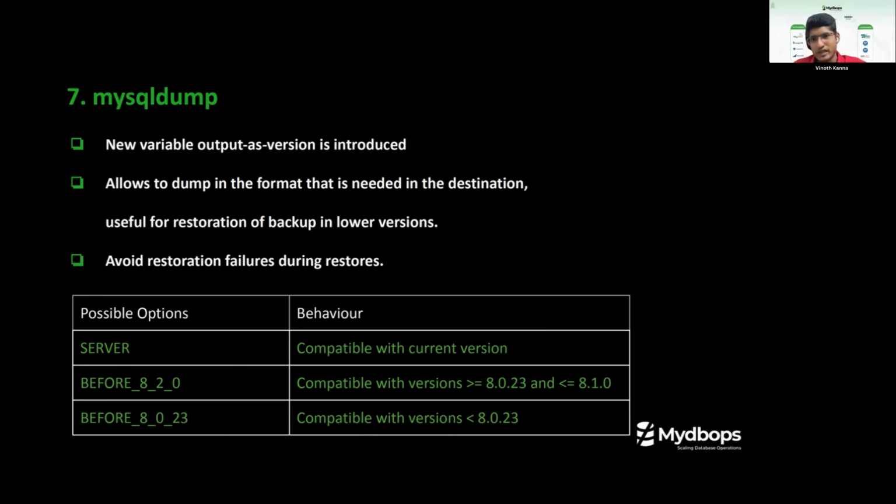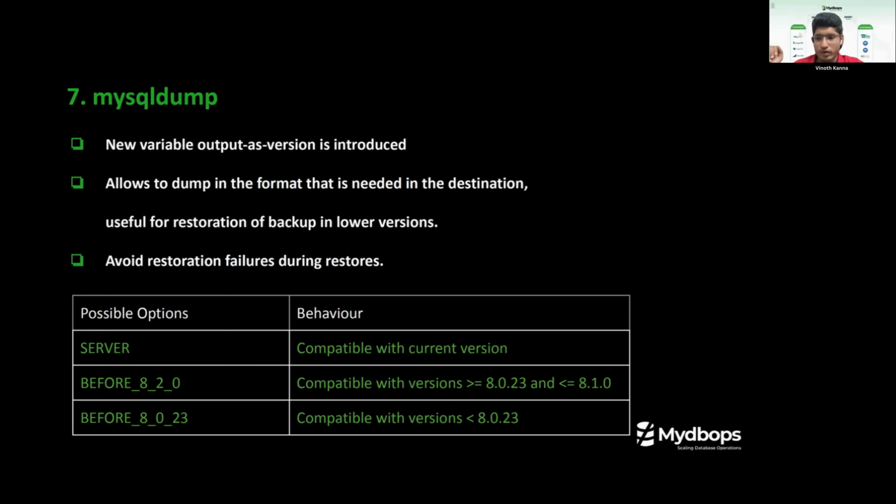Similarly, this mysqldump output-as-version parameter helps us generate the output with differing MySQL versions. You can generate mysqldump output which is compatible with versions lesser than 8.0.23, greater than 8.0.23, or with the current server.